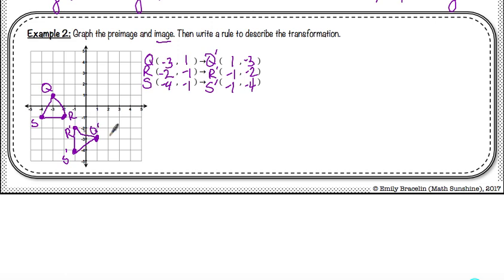Okay, so it looks like these letters have been turned around a little bit. I see an S here and S prime here. R is really close to R prime. It's interesting that R and R prime are so close to each other.